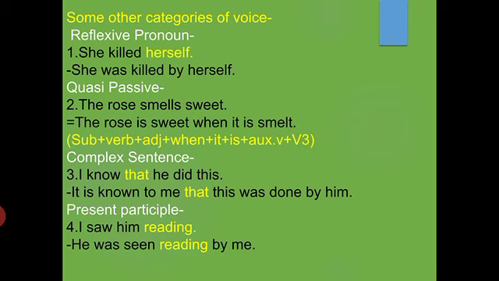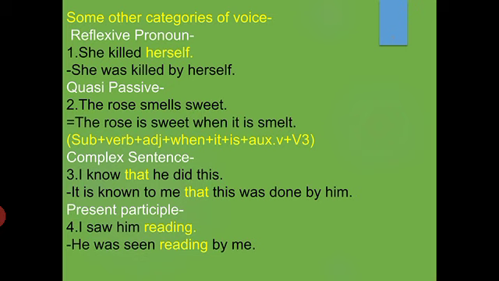You have to notice here that there are two clauses, and in every clause there is a subject and verb plus object. So it will follow the structure of an assertive sentence in making voice.